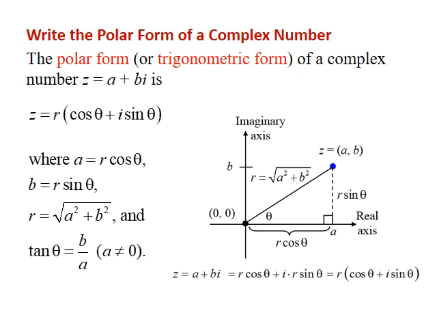But basically, we know that a is equal to r cosine theta, and b is equal to r sine theta, very similar to x and y. And so in this case, we can rewrite here.